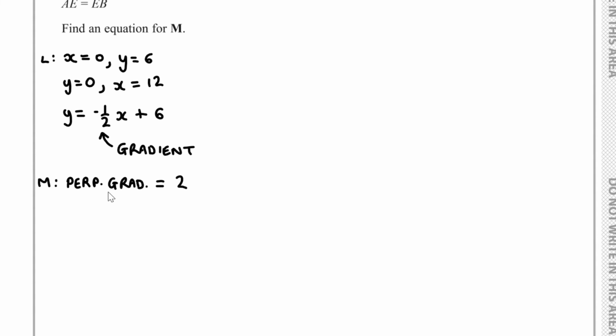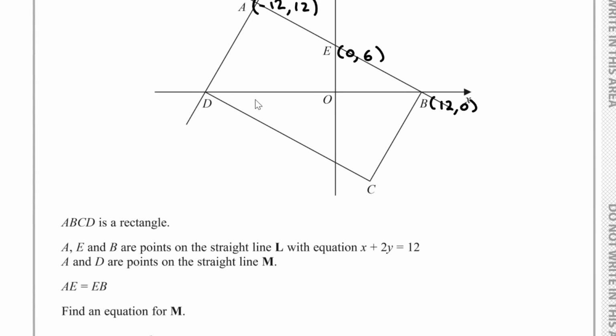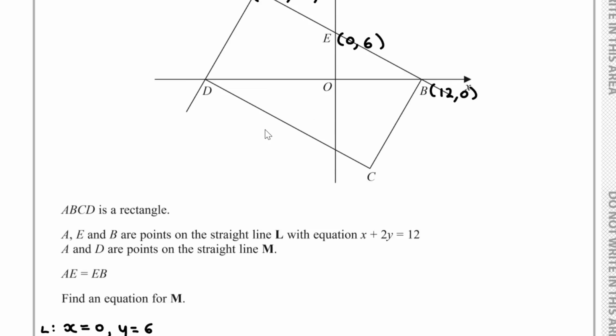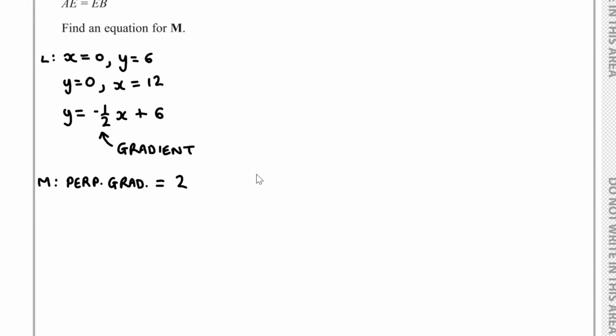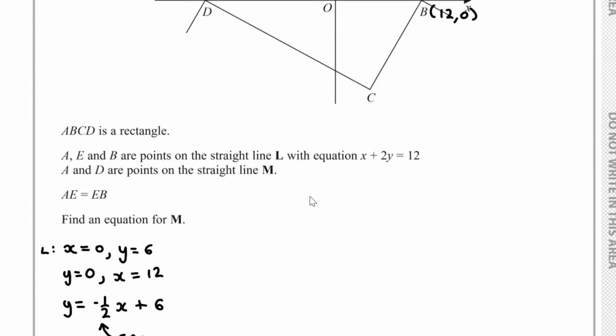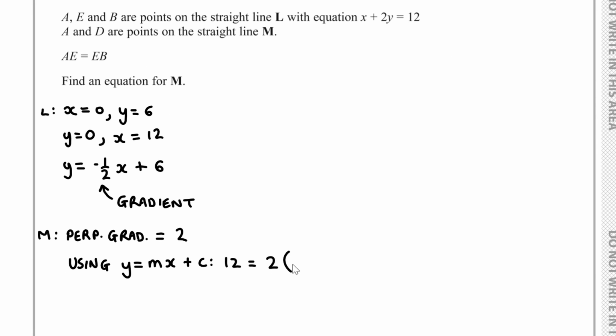And therefore, if we want to find the equation of M, we've got y equals mx plus c. Using y equals mx plus c, we have the y coordinate, which is 12. This is equal to m, which is 2, times the x coordinate, which is minus 12, plus the c.